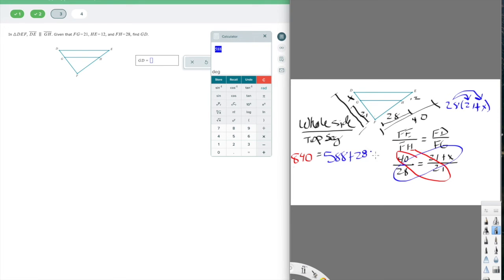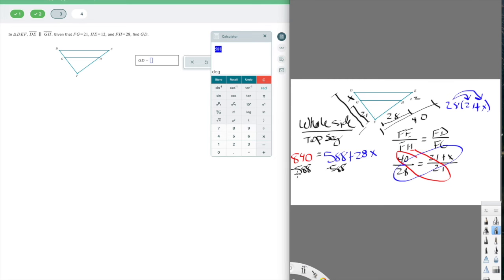So I have my x value still here. To solve this, I'm going to start getting x by itself. I'm going to subtract the 588 from both sides. I'm really sloppy. My pen's arguing just a little bit here for some reason. There we go, 588.